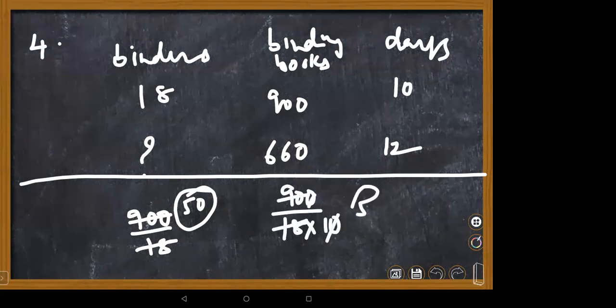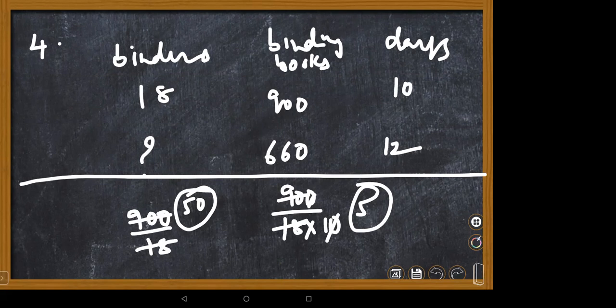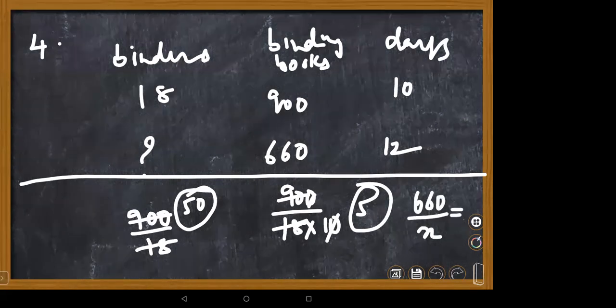So one binder in 1 day, how many books? 5 books. And it will be the same for 660 by x into 12, which will be 6. Ma'am, 6x is equal to 66. x is equal to 66 by 6, which is 11, ma'am. Yes, 11 is the correct answer.